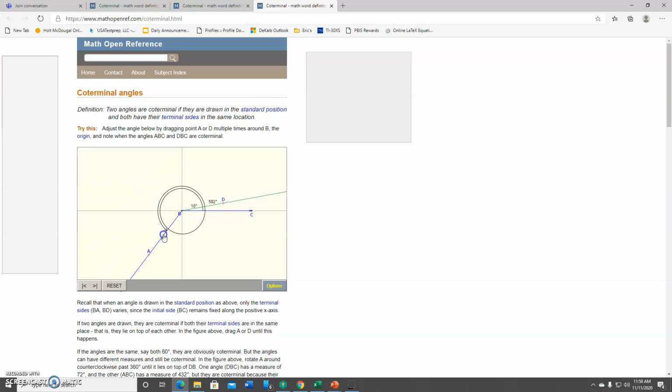If I kept going around another time, an additional 360 degrees, every time I hit it, another coterminal angle. So 730 and 10 degrees are coterminal. Did it again, additional 360, another set of coterminal angles. So one can begin to conclude that there are an infinite number of coterminal angles. Again, right here, 10 degrees and 2,170 are coterminal.